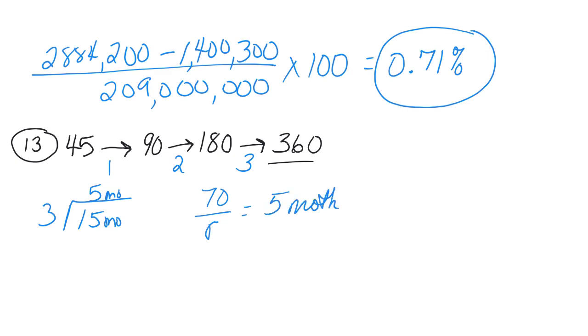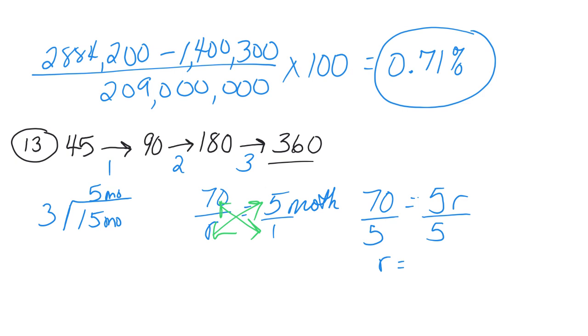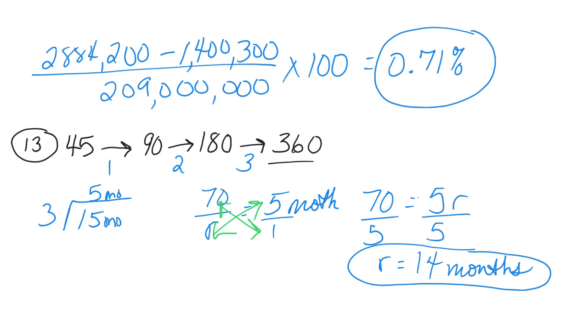So we're going to find R as the percentage per month. So now we can solve for R, and again, we can cross multiply like this, and we get 70 is equal to 5R, and then we can divide to separate R. And so R, when we take 70 divided by 5, is equal to 14. And this is going to be in months now because that's what the problem said was in months. And so that's how you do population math.